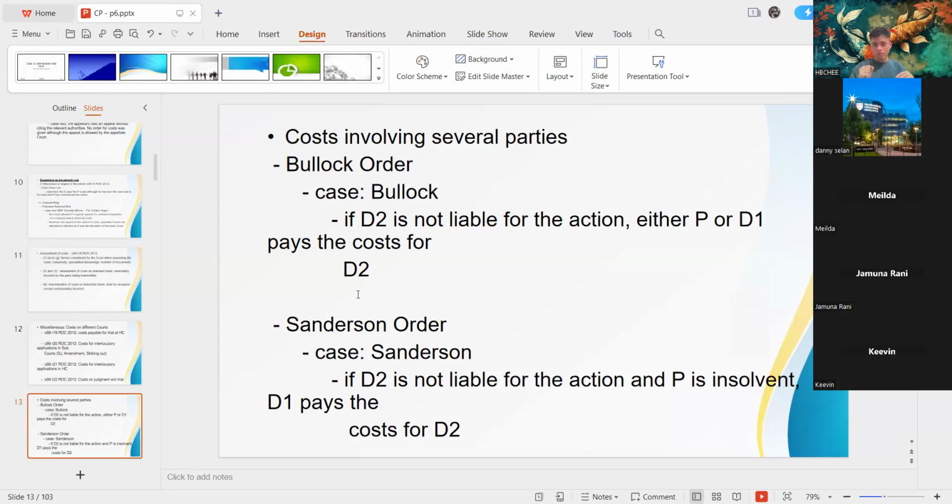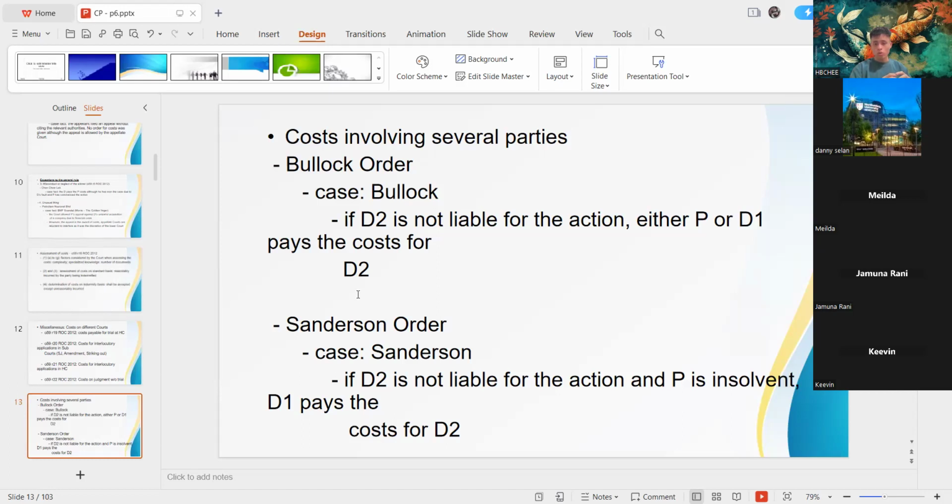This is the thing that we have to know. So the Bullock order is that when the second defendant is not liable for the action, either the plaintiff or the first defendant has to pay the cost for the second defendant. I'm so sorry, the alignment just went out. Later I will amend it and share it to the group.